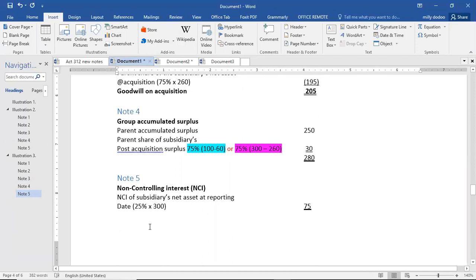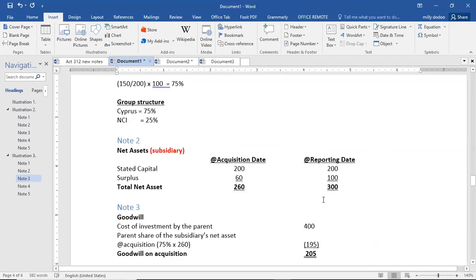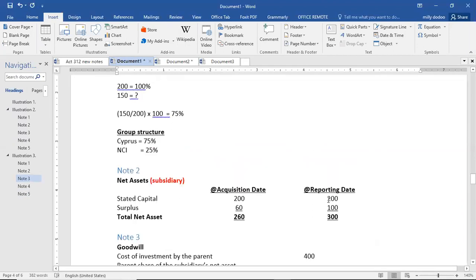Somebody can decide to do 25% of the stated capital, 200,000. Are you getting it? Yes. And then the person will decide to do 25% of the 60, that is the pre-surplus. Then the person will also do 25% of the 40. When you add all, you get the same answer.